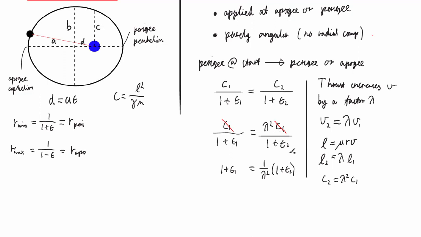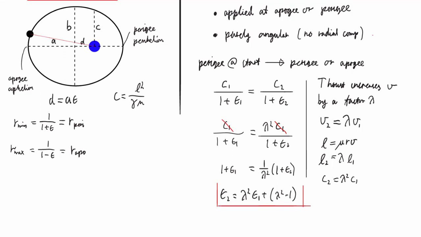And then we can use this to solve for epsilon 2. Just multiply by lambda squared here, and then bring the 1 over on the other side. We will find epsilon 2 equals lambda squared times epsilon 1 plus lambda squared minus 1. Okay. So that's our intermediate result.